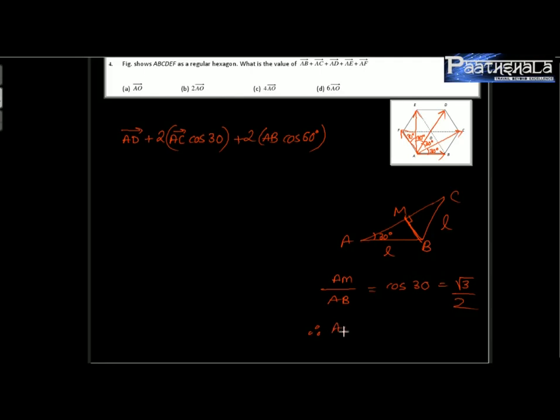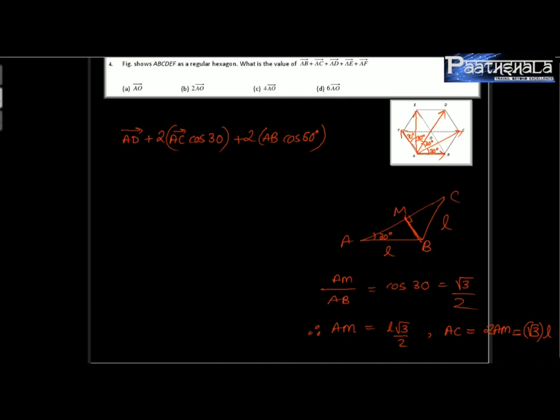Therefore, AM is equal to AB into root 3 by 2, which is L root 3 by 2. AC is equal to 2 times AM, which is root 3 times L. So AC is equal to root 3 times L.